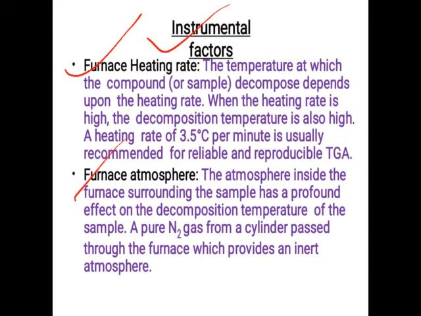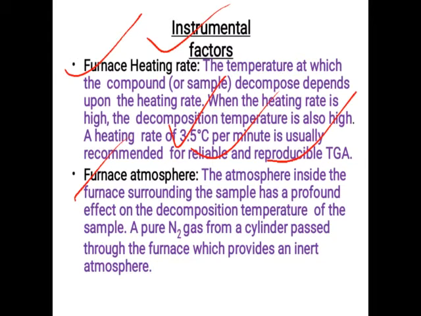If we are heating the sample at a low rate, then the decomposition temperature becomes low. Generally the heating rate is kept at 3.5 degrees Celsius per minute, which is reliable as well as reproducible. So the furnace heating rate can be changed, but it is generally 3.5 degrees Celsius per minute.